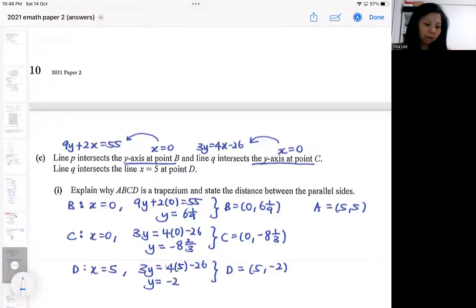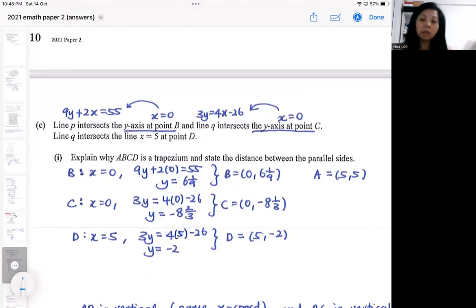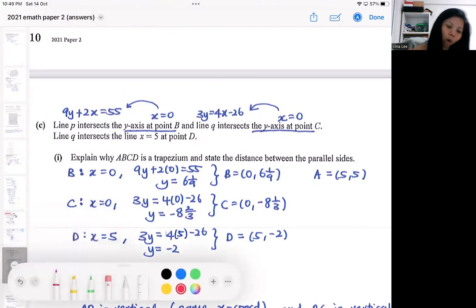The next one is the one that most people have issues with, because your eyes are not seeing the diagram at all. They just give you information and ask you to explain why ABCD is a trapezium and to find the distance between the parallel sides. Your thinking approach should be to think about the concept of y-intercept.